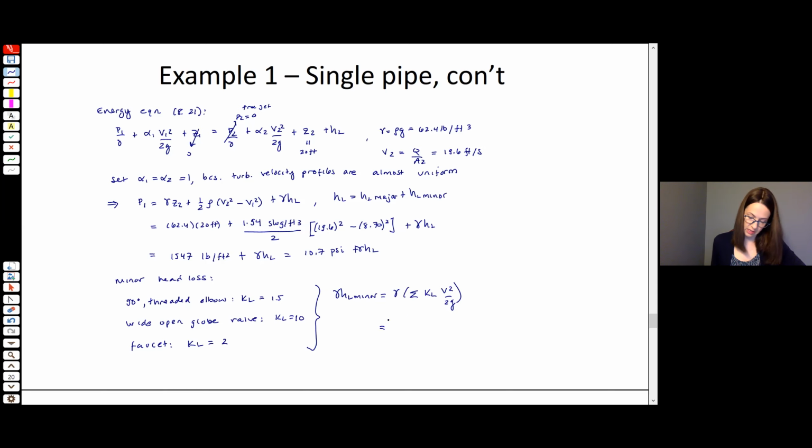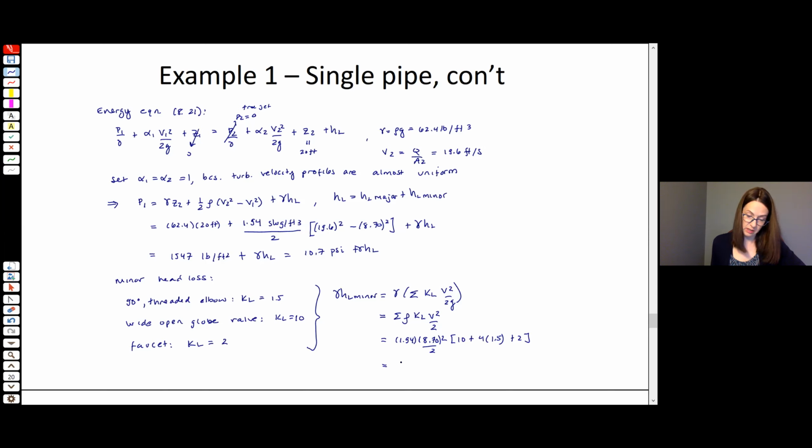So here we've got the sum of rho times the KLs times V squared over 2, which is equal to 1.94 slugs per cubic feet times 8.70 squared over 2 times 10 plus 4 90-degree turns times that loss coefficient of 1.5 plus our faucet loss coefficient of 2.